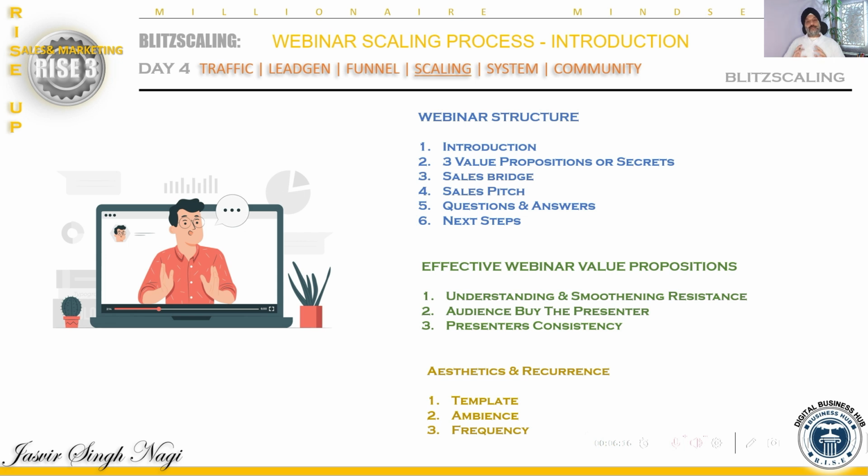So you need to smoothen that resistance by virtue of your stories, okay? By understanding, you remember that empathy factor in design thinking? That element should come out here as a story so that people can understand and avoid the resistance. This could be a Q&A format, etc. So the value proposition should be very clear, okay? Assuming the persona of people that you're looking at.